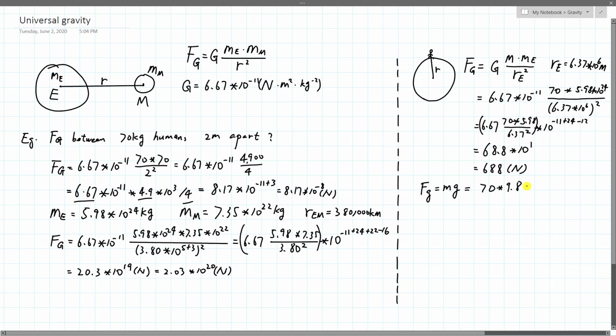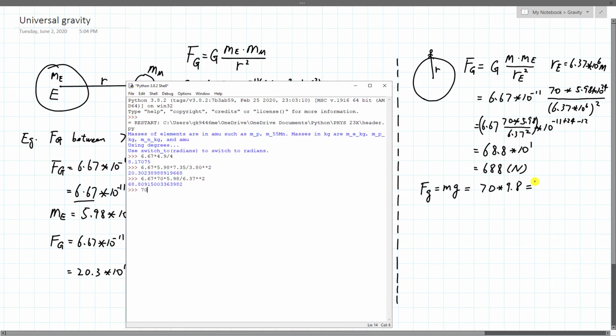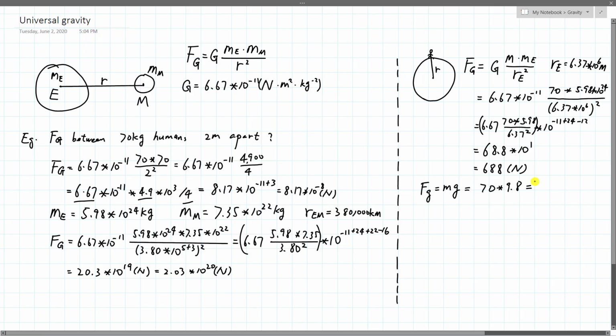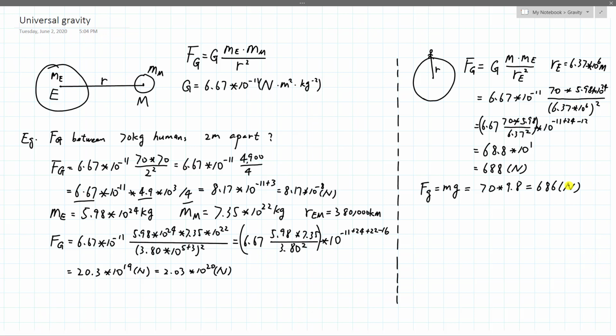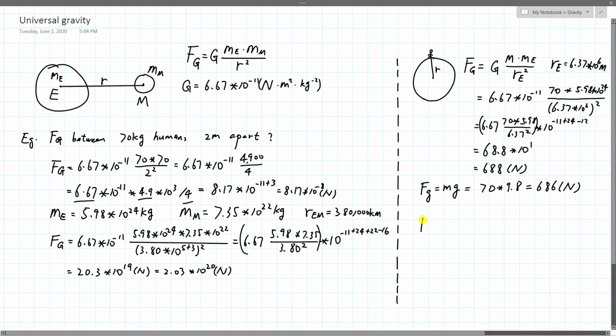So that results in approximately 686, depends on the rounding, 686 newtons. So it seems like these two are actually related. These are actually related, and if you ignore the fact that the Earth is revolving around itself, these two values should be exactly equal. So we can say that here Fg is acting as this F little g.